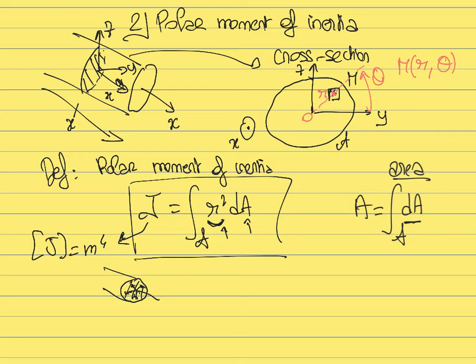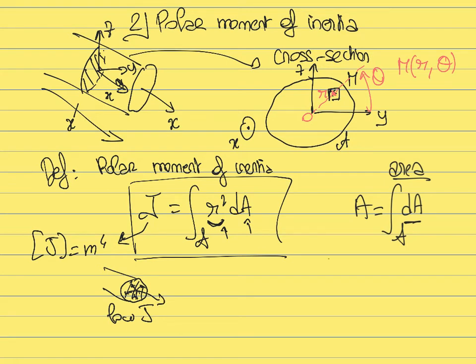When you take the sum of all the points M of the square distance from the center, then this is going to give you a low polar moment of inertia. Why? Because on average all the points M are close to the center of those circles.